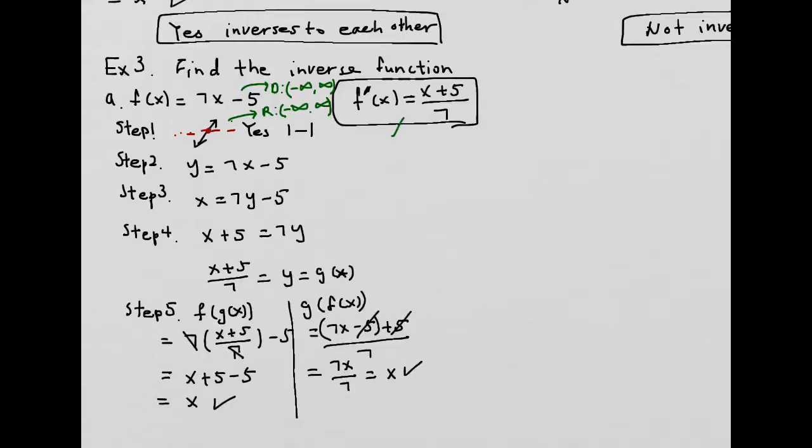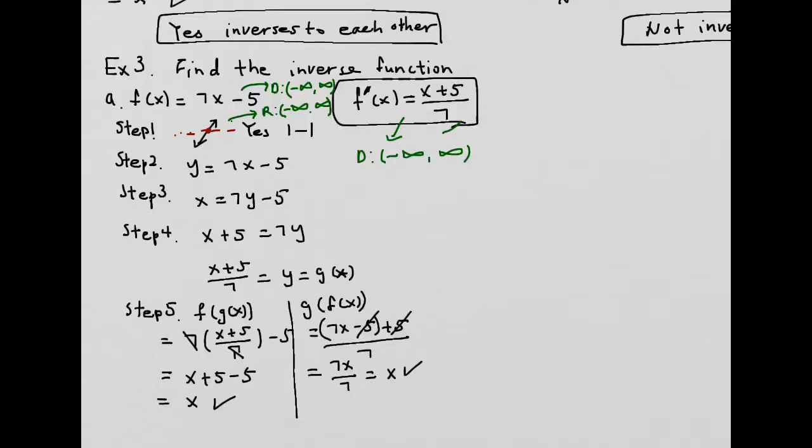So what's the domain of this inverse function? This is a fraction, but we still don't have a variable in the denominator; the variable is in the numerator. So this one doesn't have any restrictions, no restriction because no variable in the denominator. So your domain is going to be negative infinity to positive infinity.